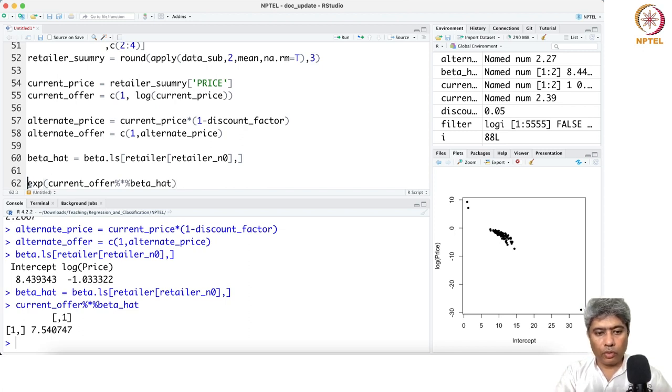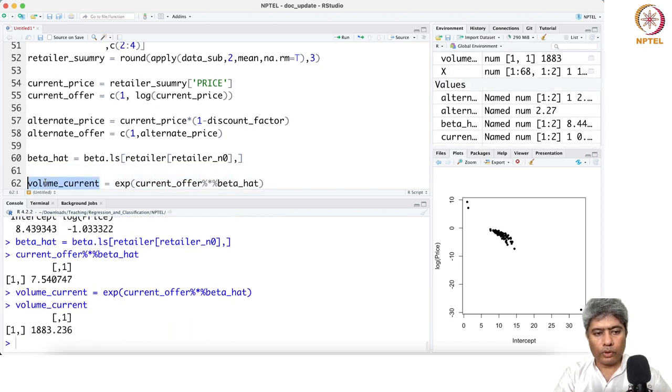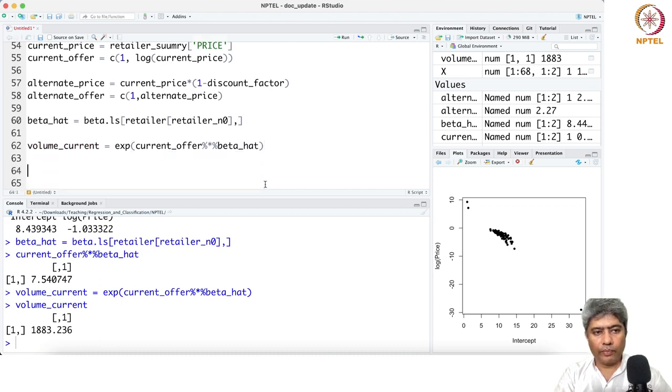So this is your expected volume of current sales. So you're expected to make a sale of 1883.